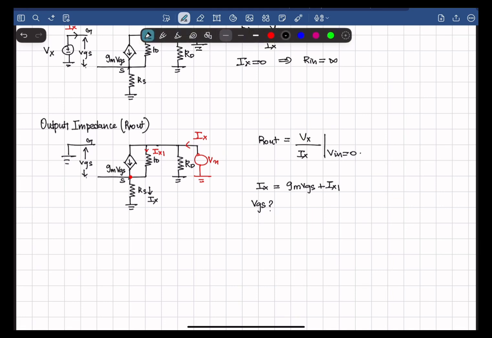To find this, we can perform KVL in this loop.